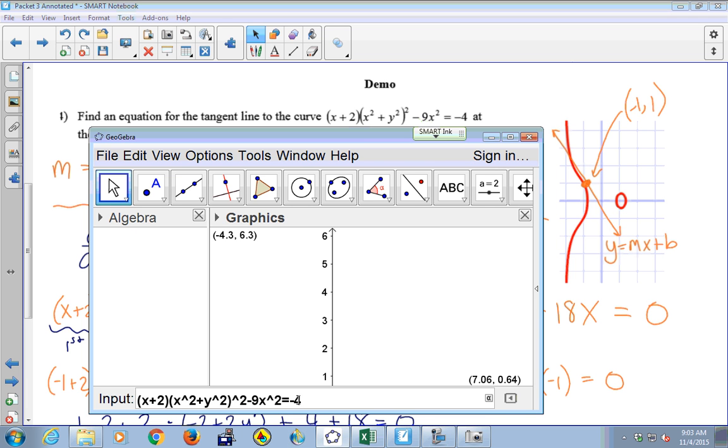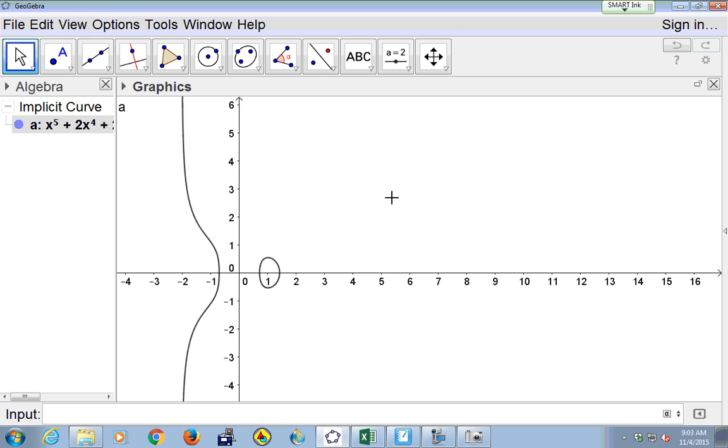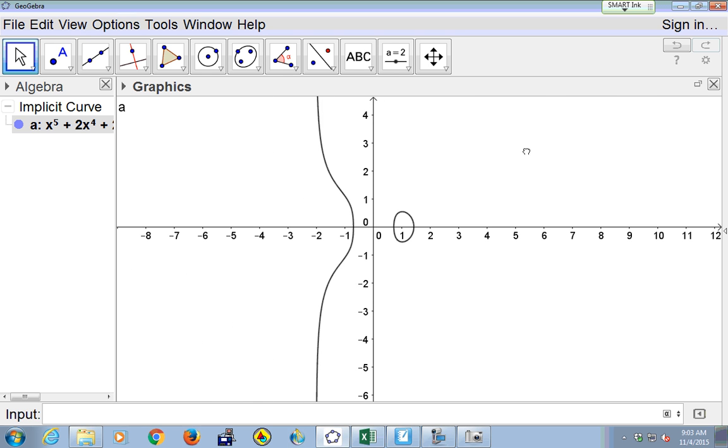So GeoGebra can graph implicit functions, which is a big plus on GeoGebra. Your TI can't do it unless you solve for y, which is a pain in the butt, sometimes impossible. Okay, so there's my curve that you were given.